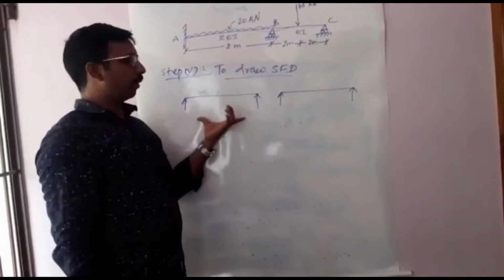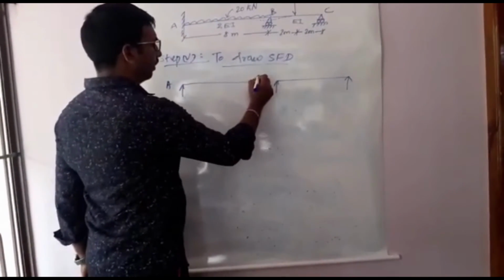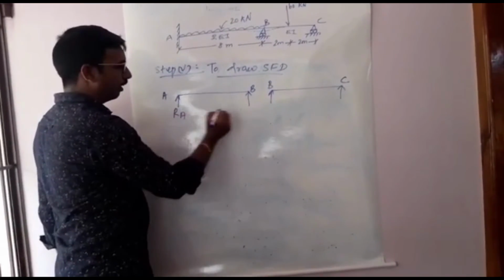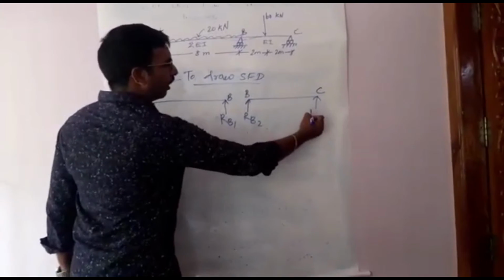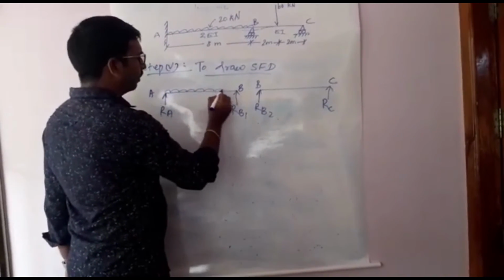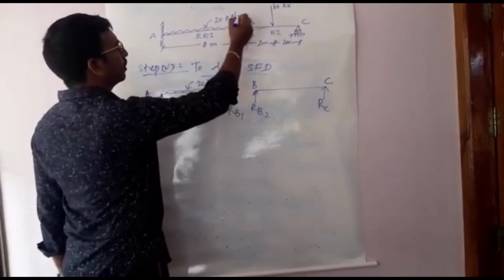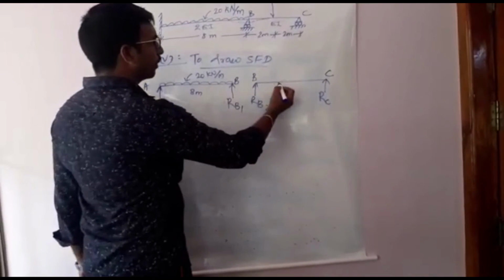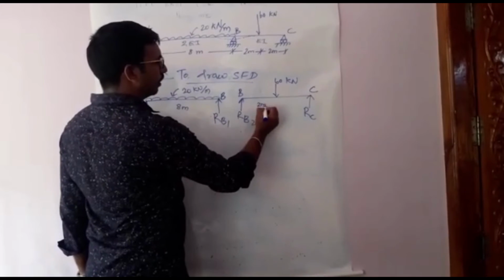You have to take the two spans as simply supported, AB and BC. Take the reactions as RA, here RB1, RB2 and RC. Then put the loading condition: 20 kilonewton per meter over 8 meter, then here 60 kilonewton, 2 meter, 2 meter.